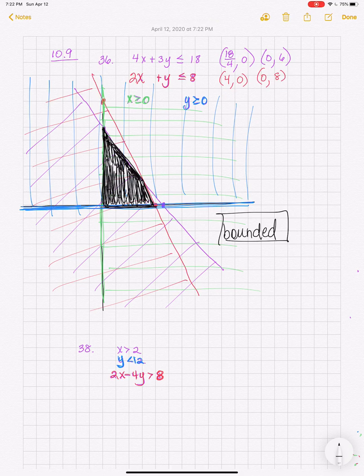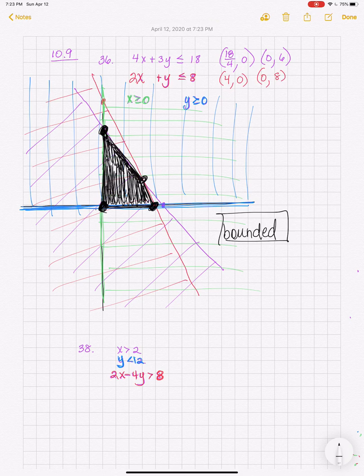Now, if you're trying to figure out what the vertices are, just the corners, I've got a vertex there, a vertex there, a vertex there, and a vertex there. The 3 that are on the corners are pretty easy to see.